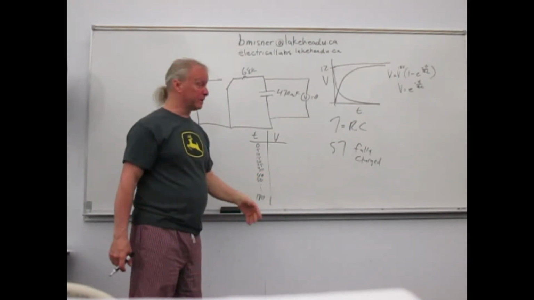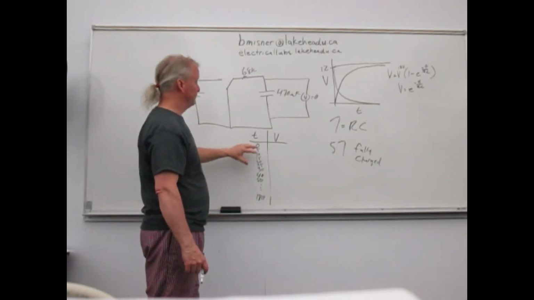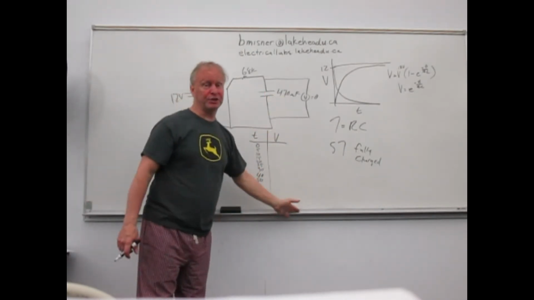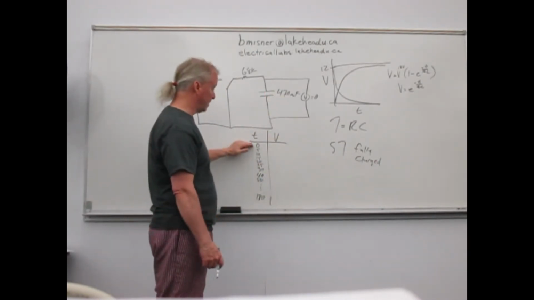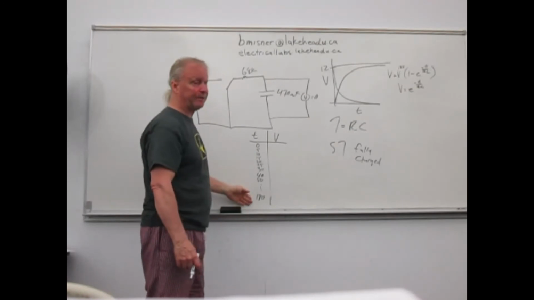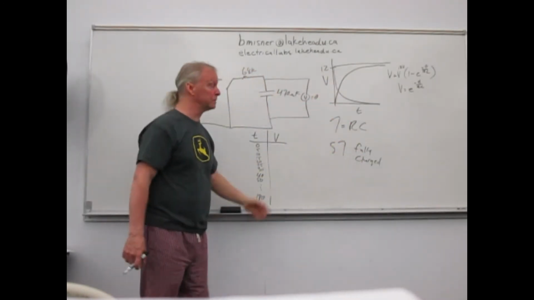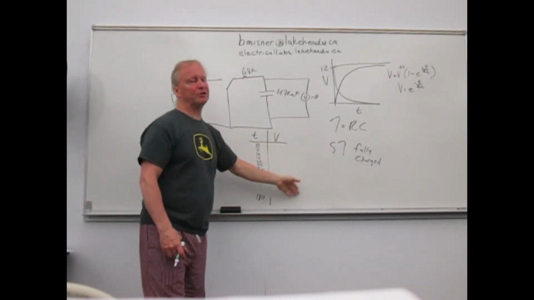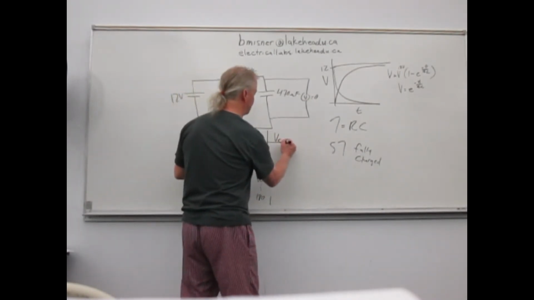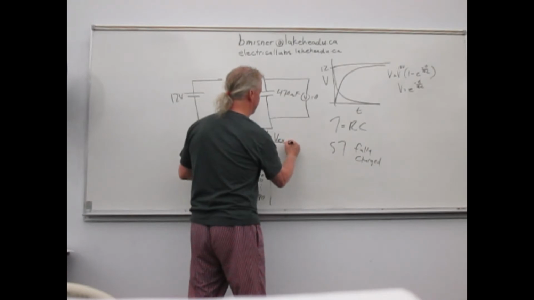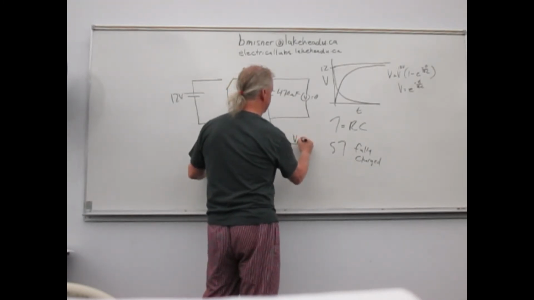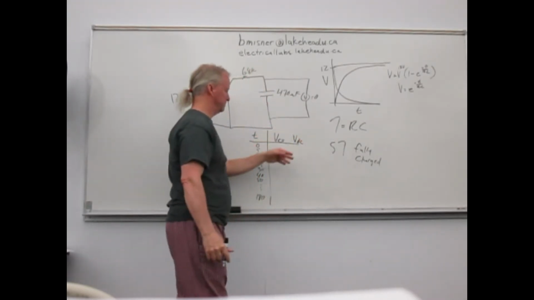Then we're going to do the reverse and do the discharge, starting at time 0. Again, it's the same timing, and the same things are happening, just in reverse, and then we'll measure the discharge. So this is charge, and then the discharge.